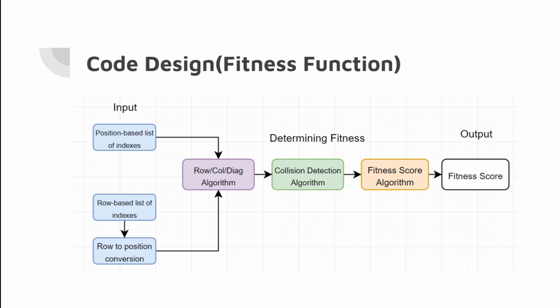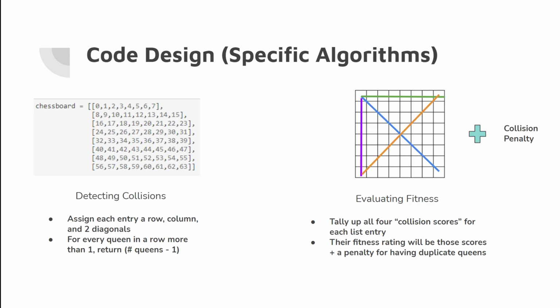Then I determine the fitness score, which is a summation of all the collisions, plus a pretty heavy bias if the board had duplicate spots. So let's say a queen was put on 0-0 and another one was too, that would have resulted in a heavy penalty to encourage the program to select it out. And then the output is finally the fitness score.